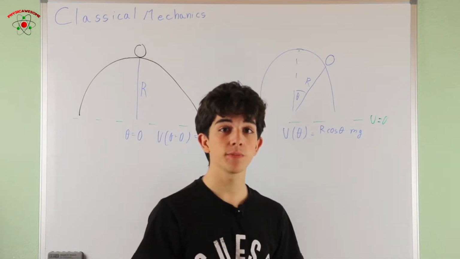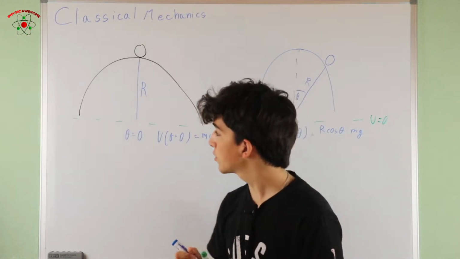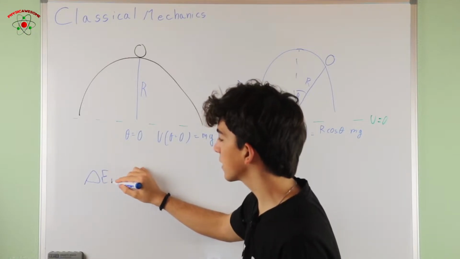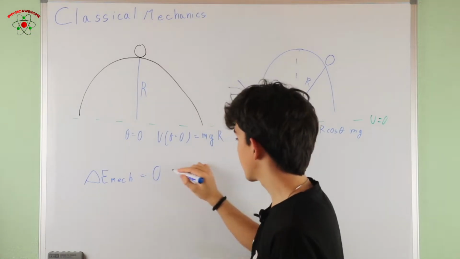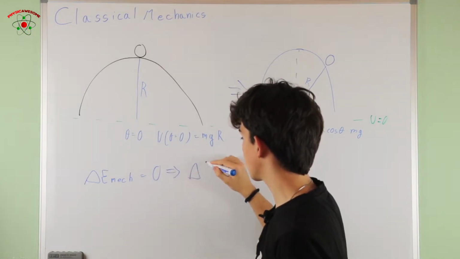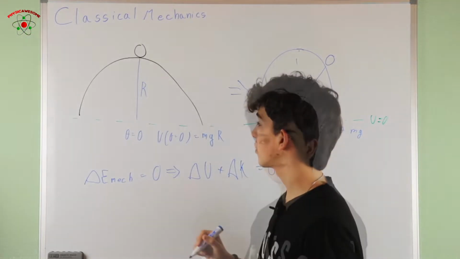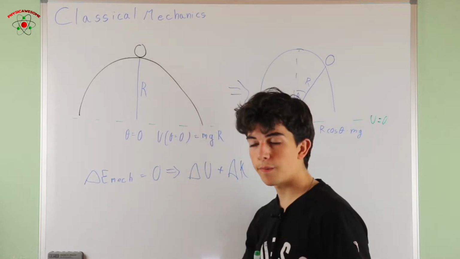We will assume that there are no non-conservative forces. So we know that the change in mechanical energy equals 0. That means that the change in potential energy plus the change in kinetic energy equals 0. And at the start, we don't have any kinetic energy.